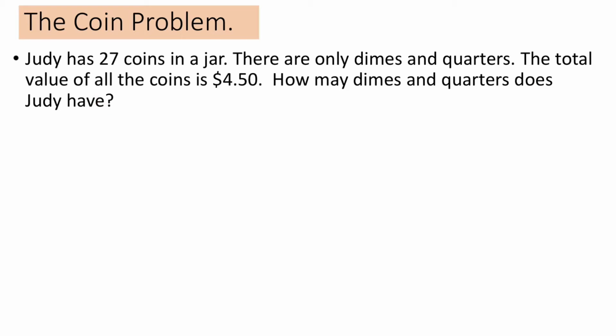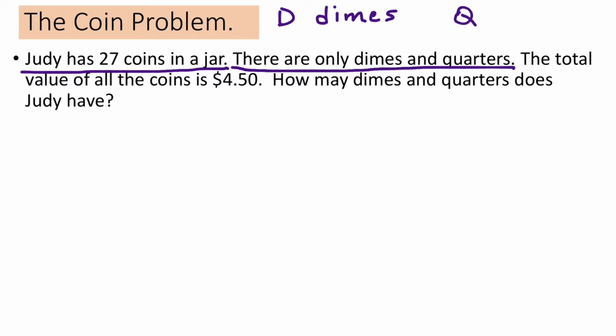Let's look at the first sentence. It says Judy has 27 coins in her jar. We also know that there are only dimes and quarters. So let's say D represents dimes and Q represents quarters. D would be the number of dimes and Q would be the number of quarters.